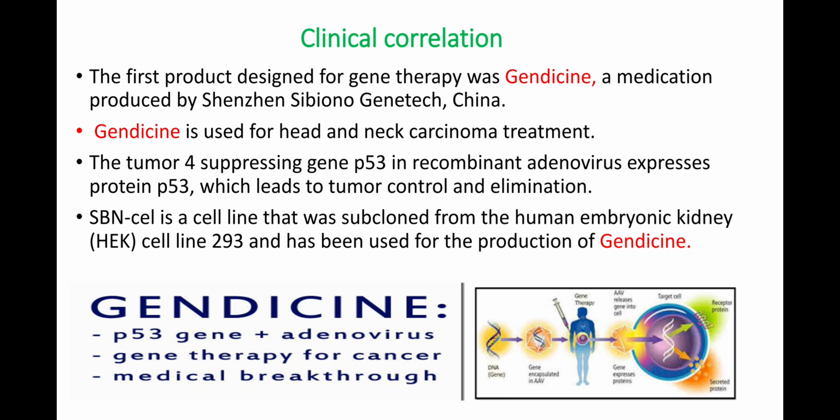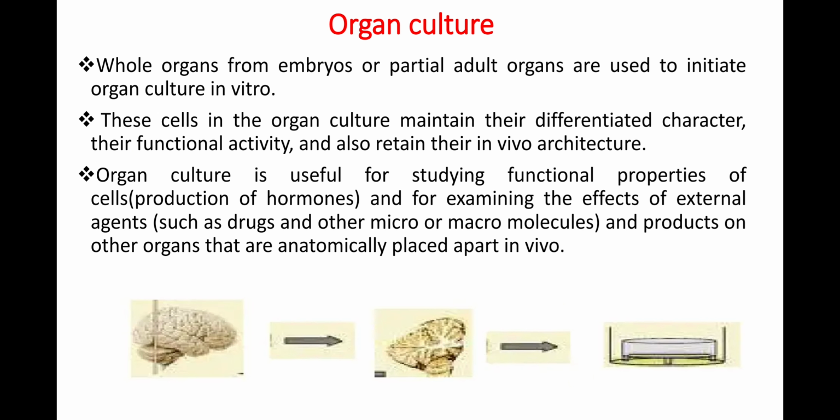Now we discuss organ culture. Organ culture is a very simple concept. You understand it. See this diagram. This is an organ. We cut it and culture it in media. This is all about organ culture.